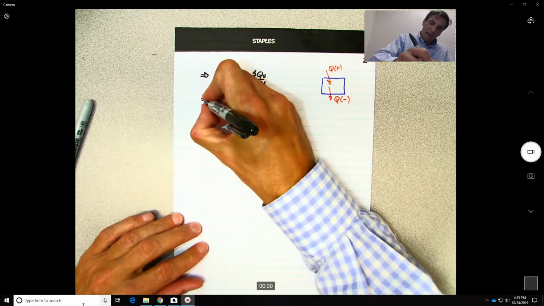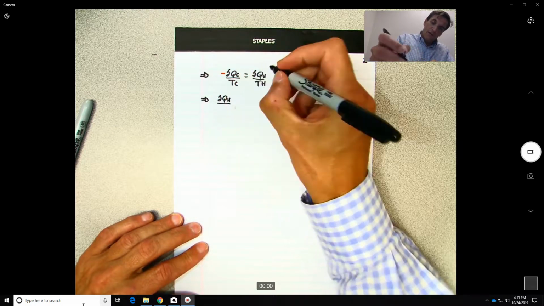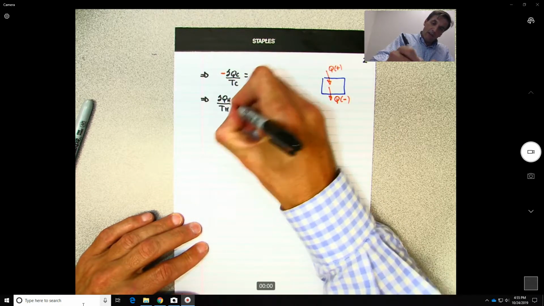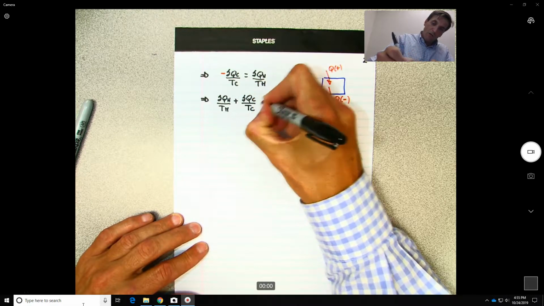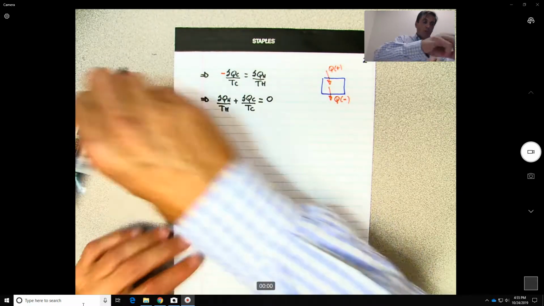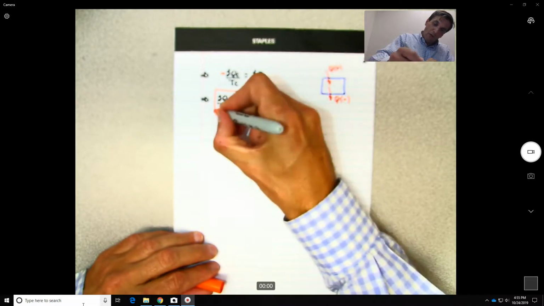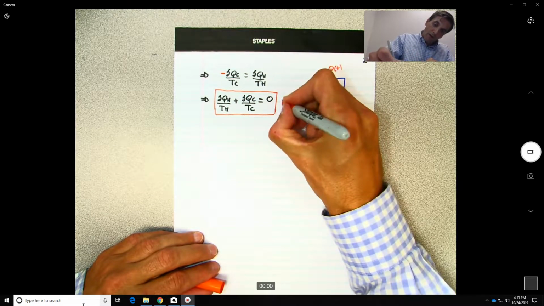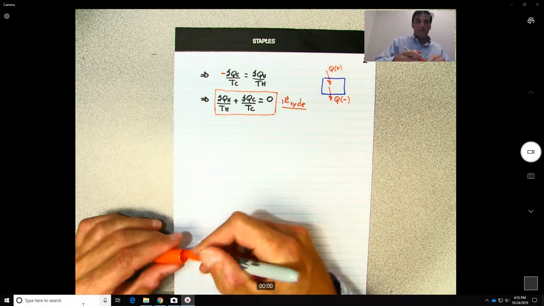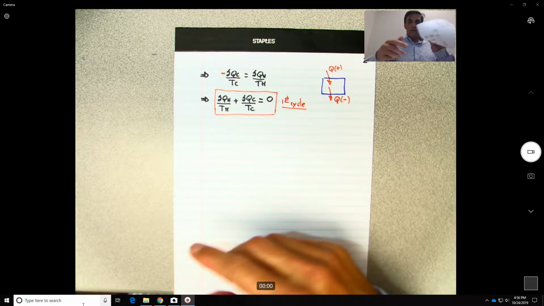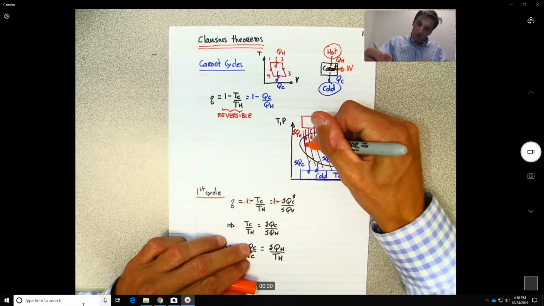So at the end this will give us delta Q hot over T hot plus delta Q cold over T cold equals 0. This is what happens for the first cycle.